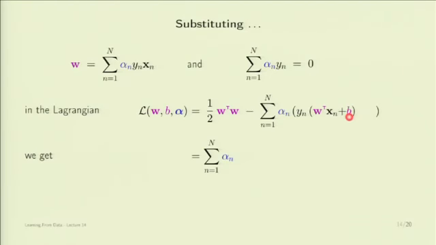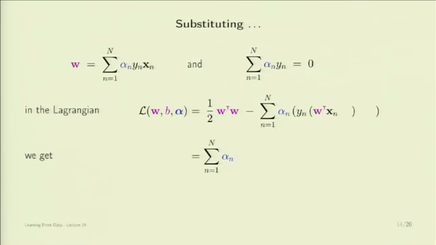When I take plus b, it gets multiplied by y_n alpha_n summed from n equals 1 to capital N. Now, the summation of alpha_n y_n from n equals 1 to capital N is 0. So the terms that get multiplied by b go to 0, and therefore I can kill plus b.